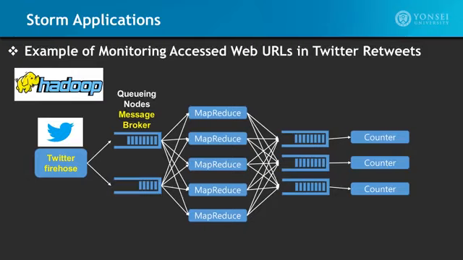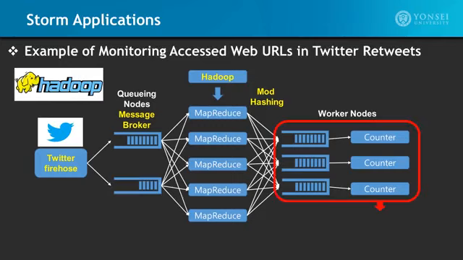These queuing nodes are the message brokers, and they're there so that we don't have any missing information because of an overflow into the MapReduce engine. Then we have Hadoop, where we have the MapReduce process, and then we have mod hashing, such that we assign the counts, the keys, and the values that are processed through MapReduce to the right devices, the counters, and also the counters may get overflowed.